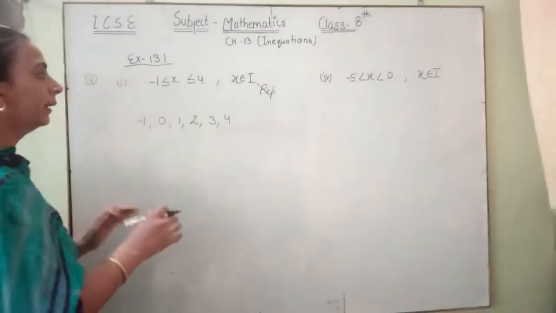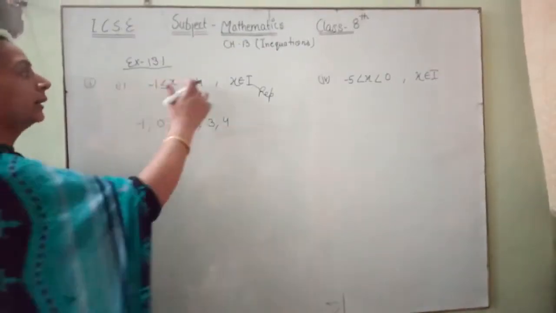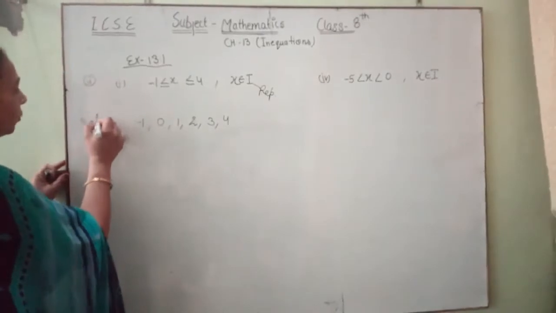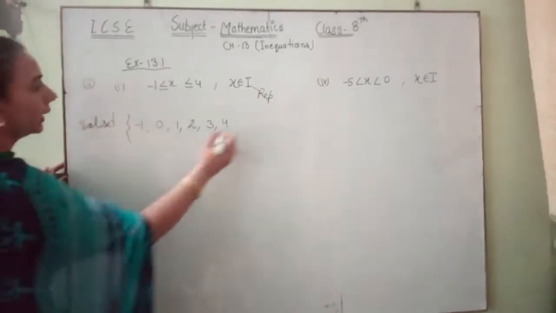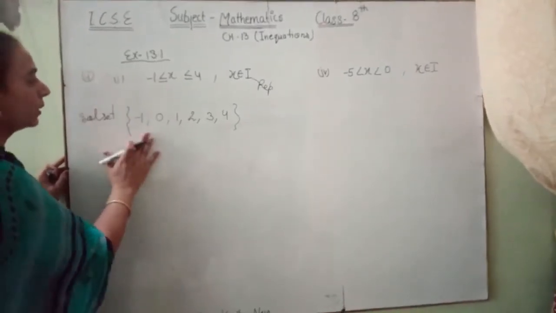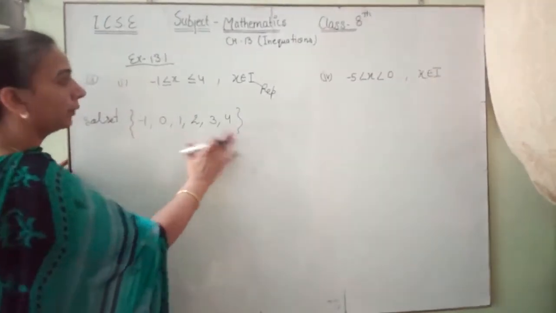We don't take 5, 6 because these are greater than 4. Okay student, this is our solution set. In the solution set there are the elements -1, 0, 1, 2, 3 and 4.